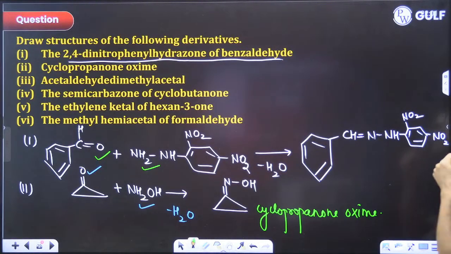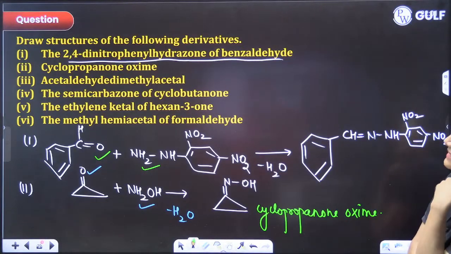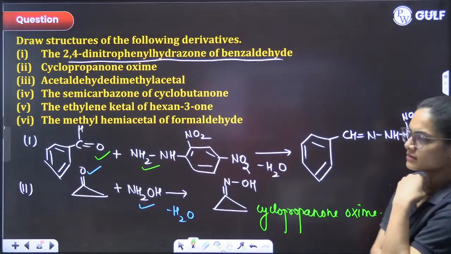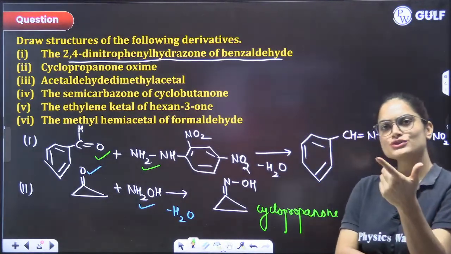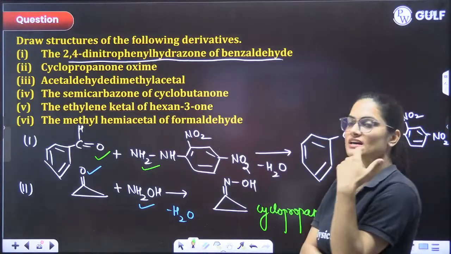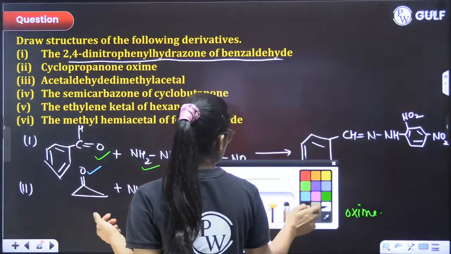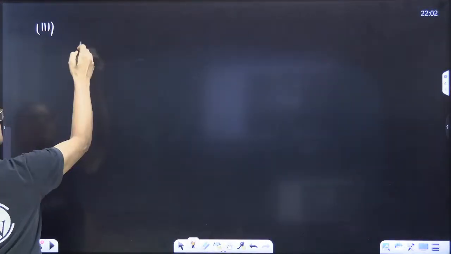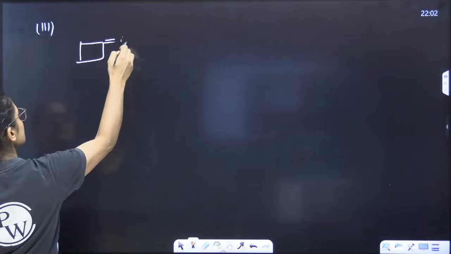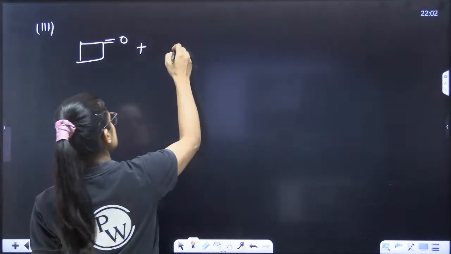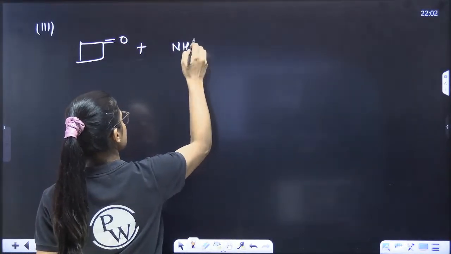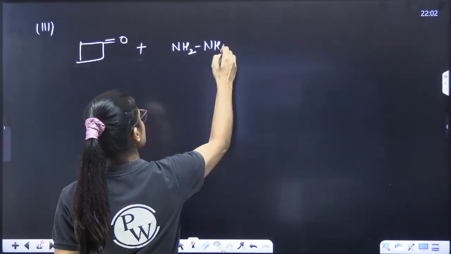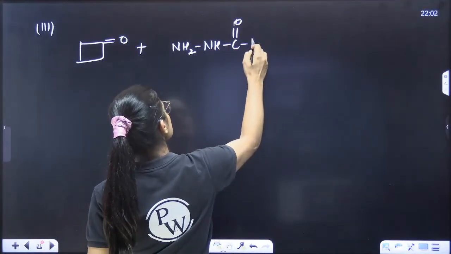All right. Next, we have the fourth one, semicarbazone of cyclobutanone. Semicarbazone you will get when you carry out the reaction with semicarbazide. So, cyclobutanone, and semicarbazide is NH2, NH, C double bond O, NH2.